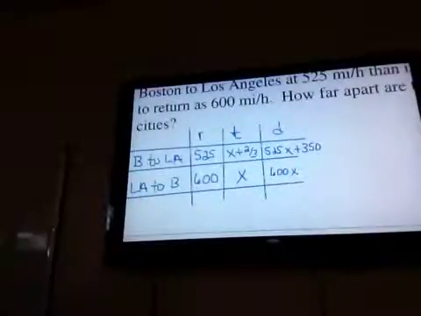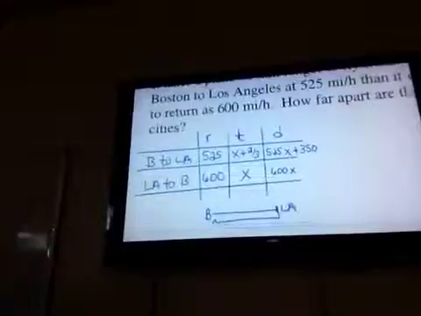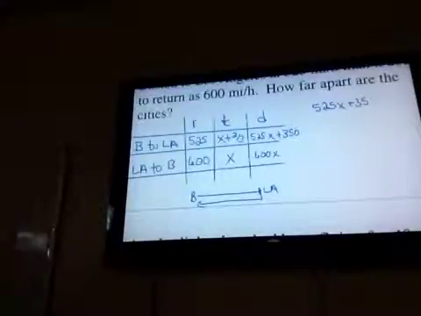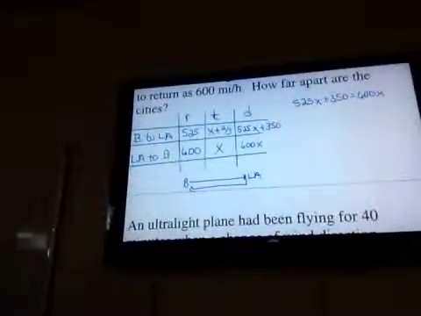Round trip. Going from Boston to LA and then back. Round trip equals each other. So 525x plus 350 equals 600x. Subtract your 525.